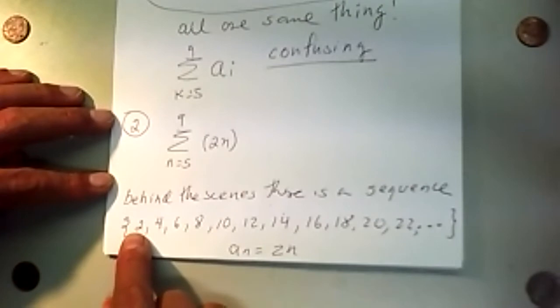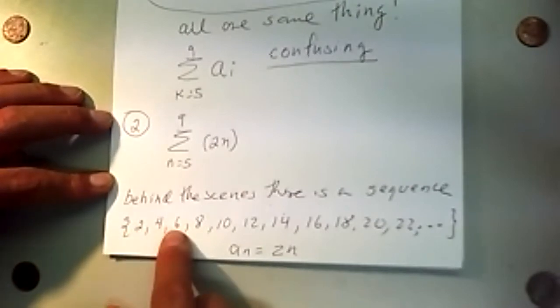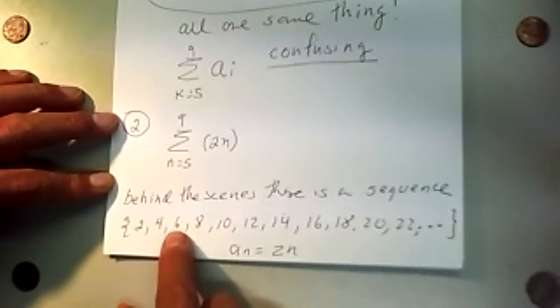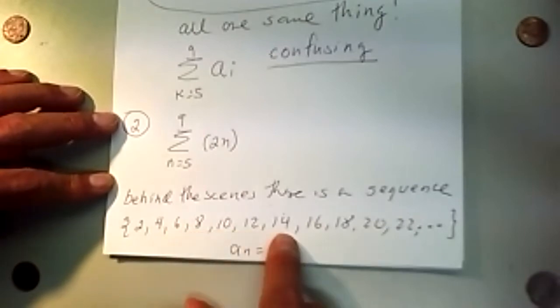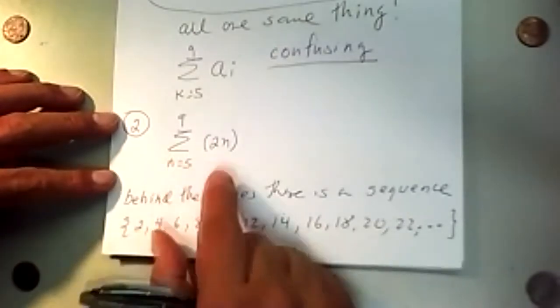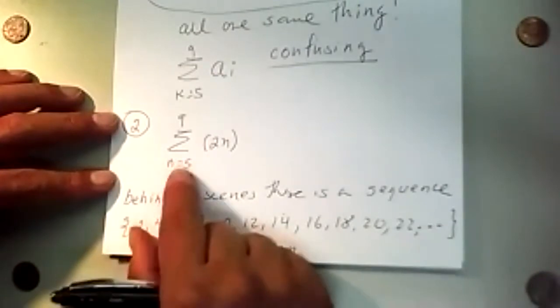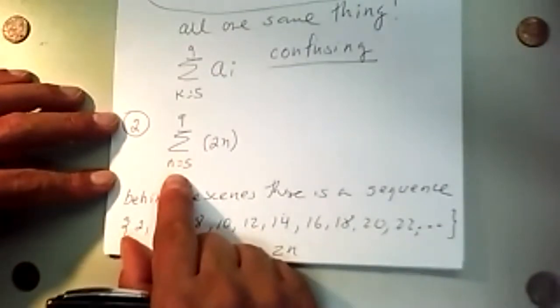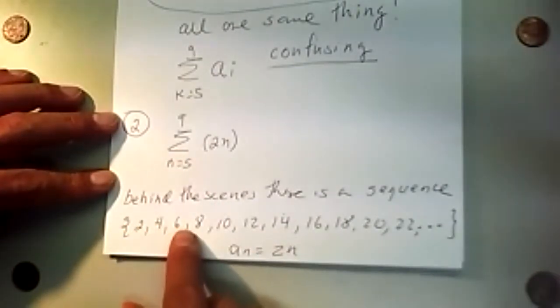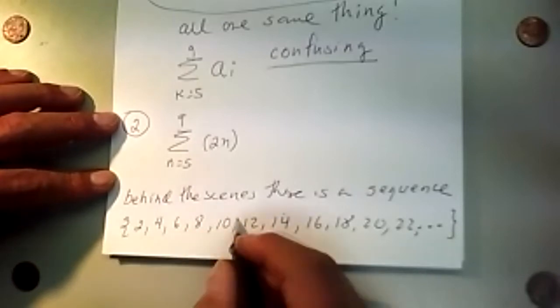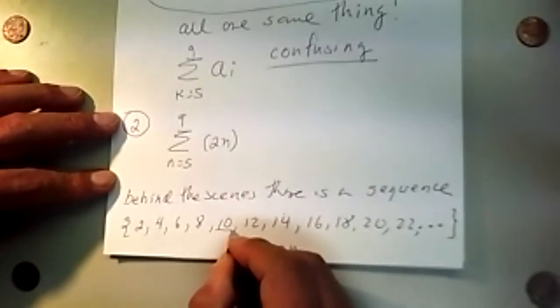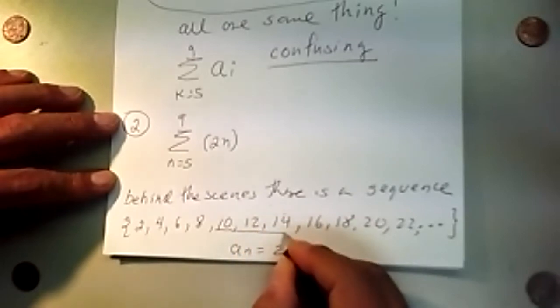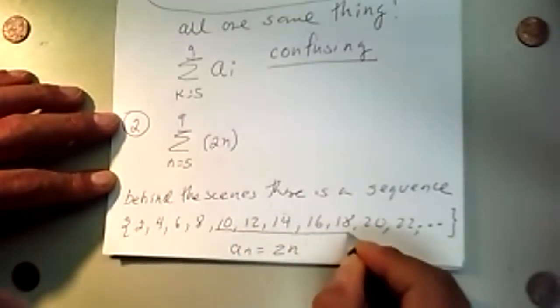So when n equals 1, you have 2. When n equals 2, you have 4. When n equals 3, you have 6, and so forth. Well, what we are doing is adding the elements starting with the fifth element. This is what this says. 1, 2, 3, 4, 5. Start here: fifth, sixth, seventh, eighth, ninth element.